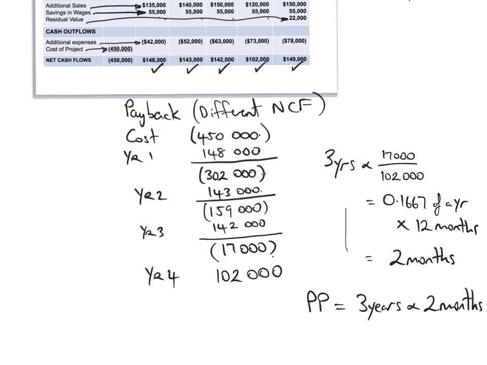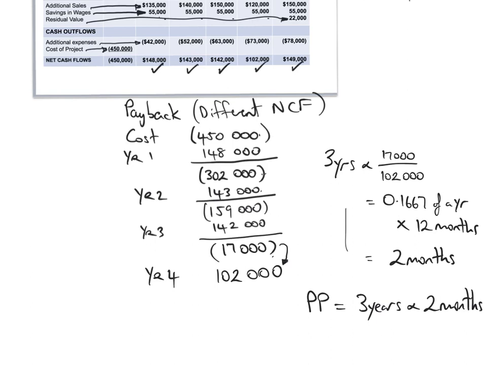And so between year three and year four, we have to recover $17,000 from this 102. So we're trying to work out how long it takes to recover that. So we're saying the payback period is 3 full years plus 2 months. So it's going to take 2 months to recover that $17,000 from the $102,000.